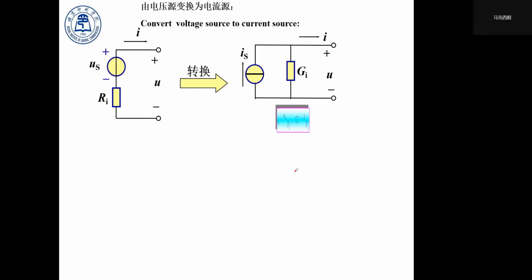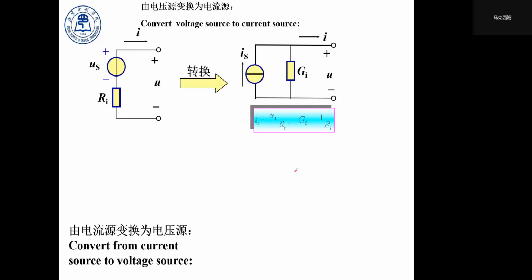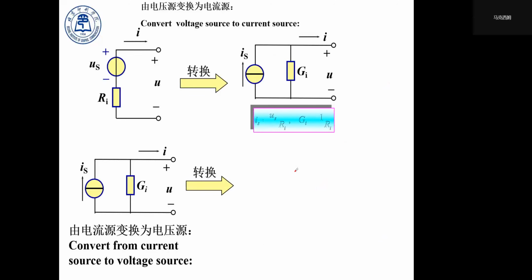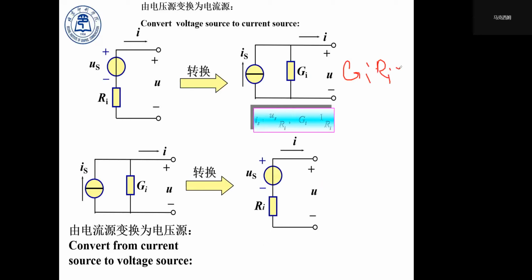So we can convert the voltage source into a current source, and also we can use that relationship to convert a current source into a voltage source. So we know that GI times RI equals 1, right?